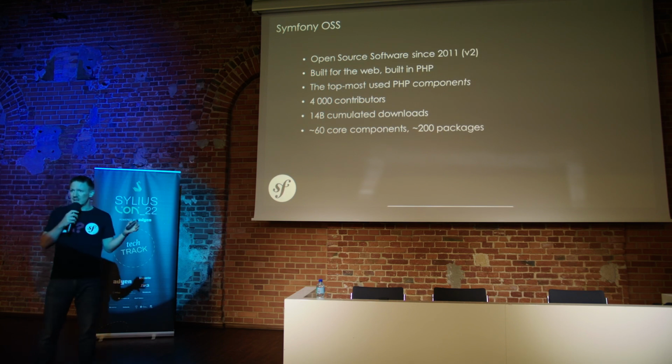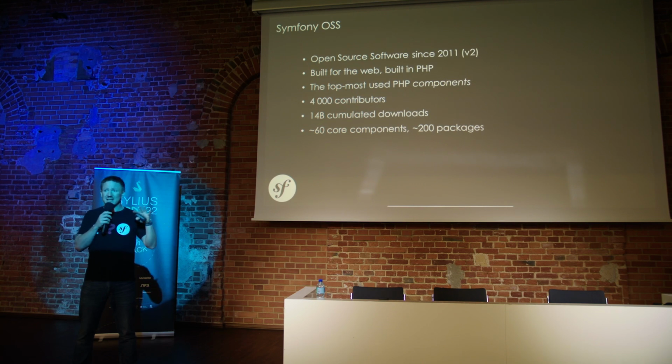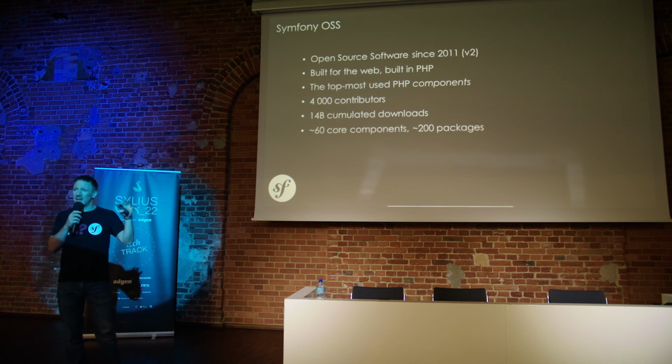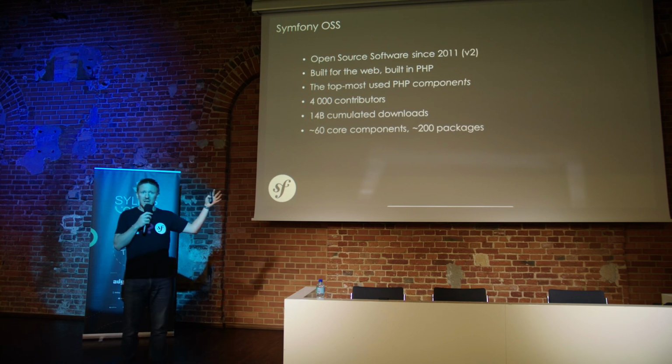Symfony is one project, and in this project we have a structure of components. So we have about 60 core components. By 60 core components, I mean things that we manage in one Git repository. So we have a mono repository. So that's 60 components, and we have more components than the core ones. We have 200 components.